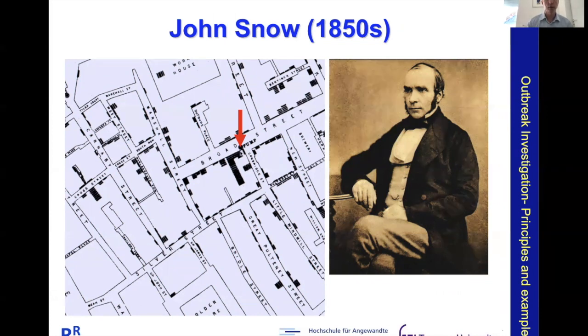Each line here means a case in a household, and drawing this on the map, he could see the central point is a pump, and he identified that this pump was the source for the cholera spread there. So place is already traditionally one of the factors we like to look at.